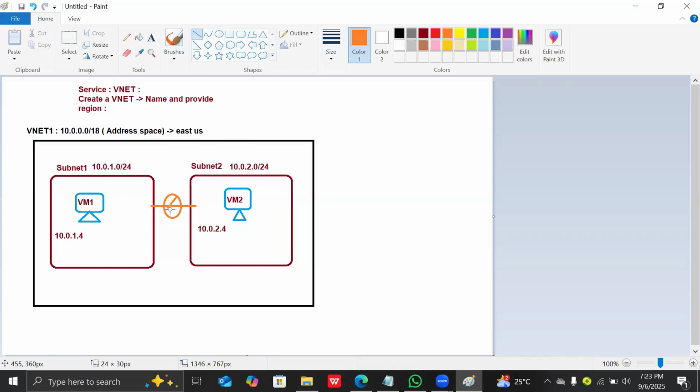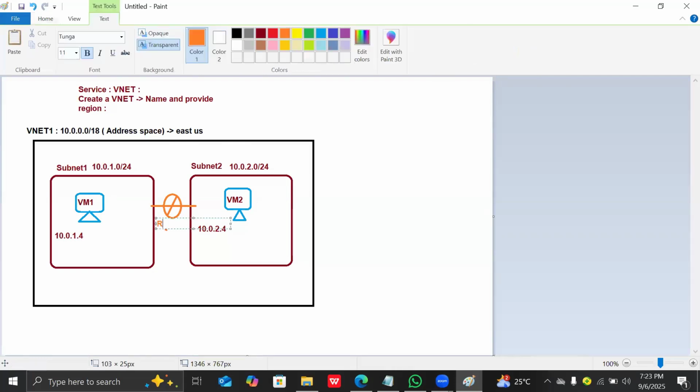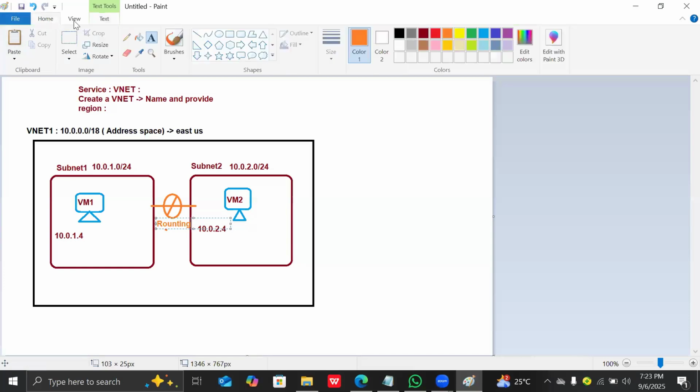But in the Azure concept, by default, this routing is already established. We do not need to worry about the routing concept. The routing is already established, hence we are able to connect between VM1 and VM2. Is this point clear? Yes. Okay.